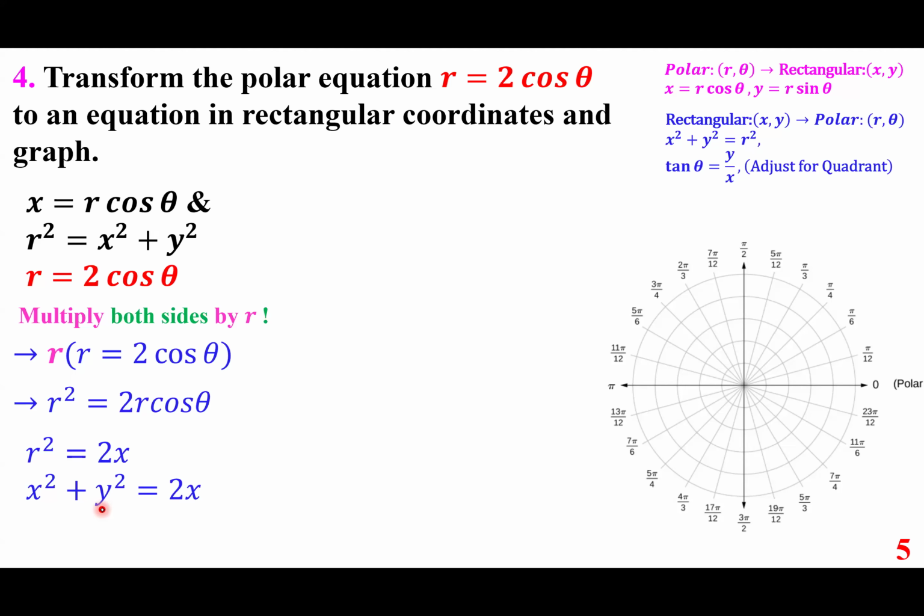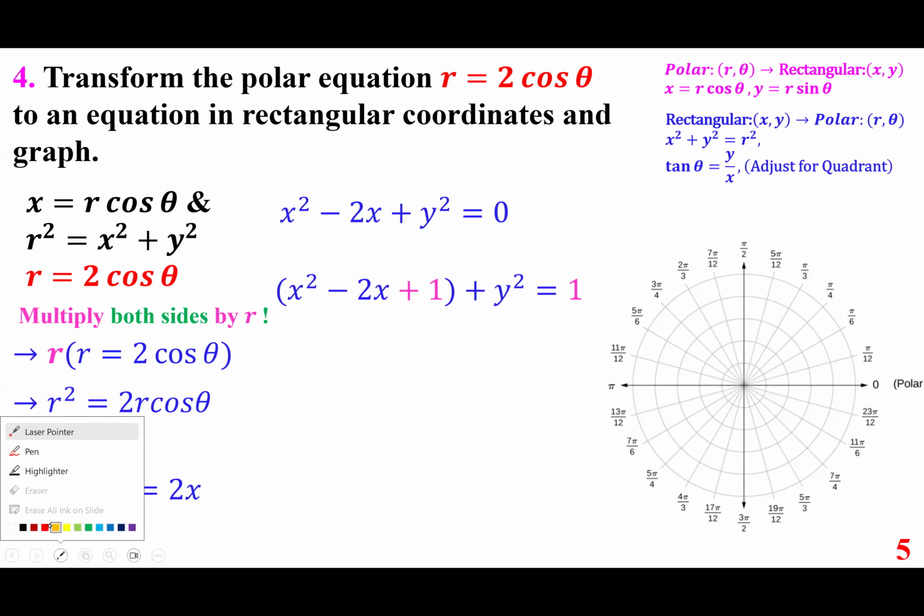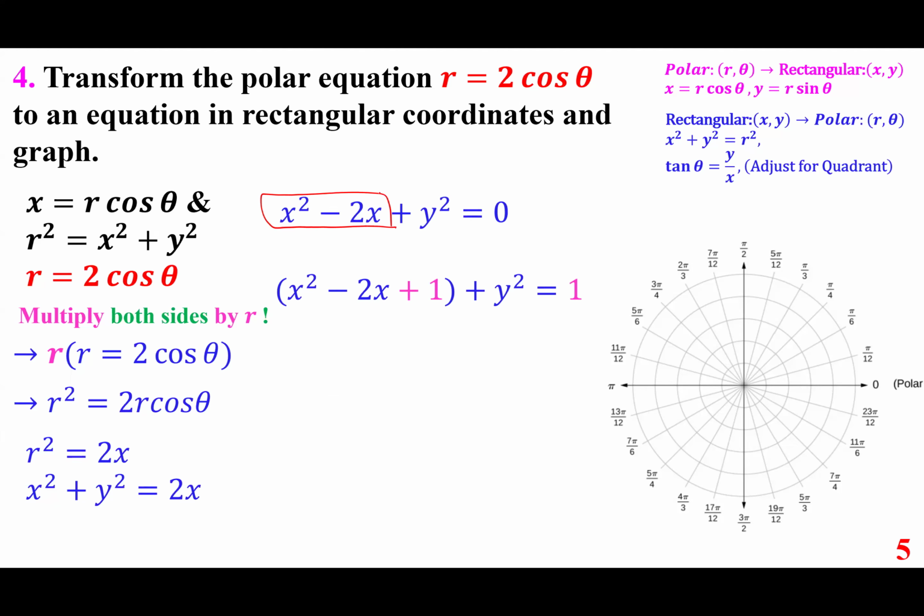And now you bring everything to the same side, and you recognize this as a circle by completing the square in the following manner. This one, b is -2, divided by 2 is -1, squared is +1, add 1 to both sides. And the left side, everybody, is just x and b over 2.